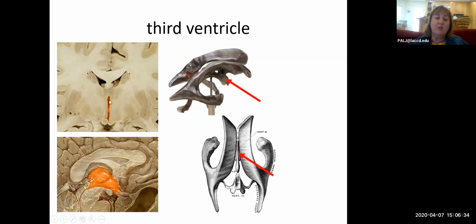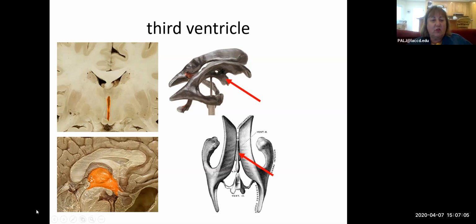And where the third ventricle is located is between the right thalamus and the left thalamus, so right smack dab in the mid-sagittal plane. From above, it just looks like this narrow thing, but on the side, you can see it's covering like the duck's head and the beak area, so completely between the right thalamus and hypothalamus and the counterparts on the left side.